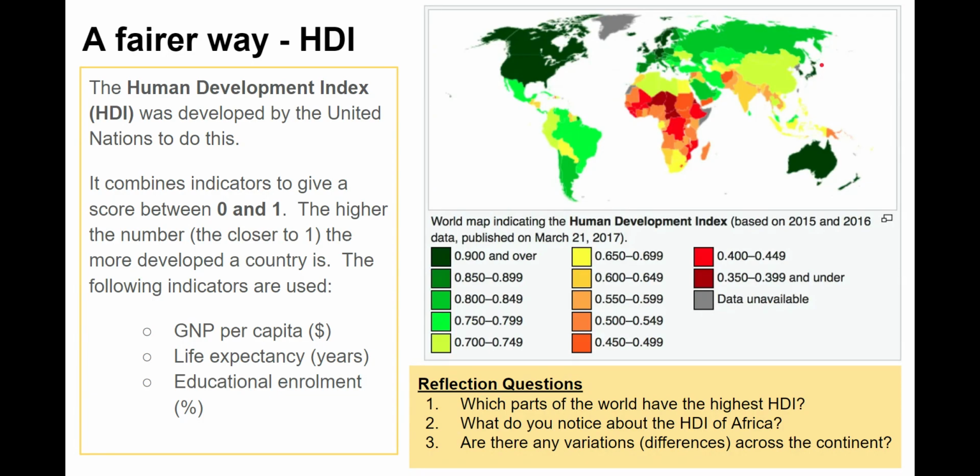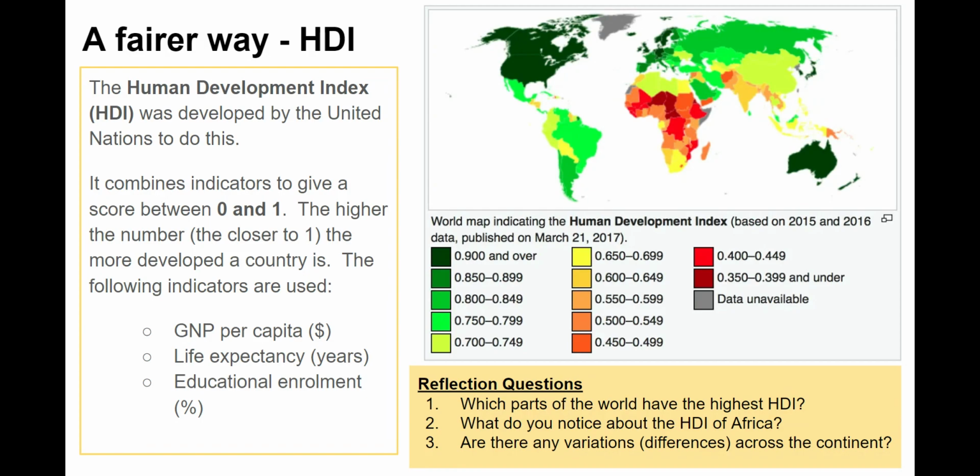And we have some parts of Asia, specifically Japan and South Korea over here. And down the bottom in this southeastern corner, we have Australia and New Zealand. So the HDI is highest in our HICs, our high income countries.